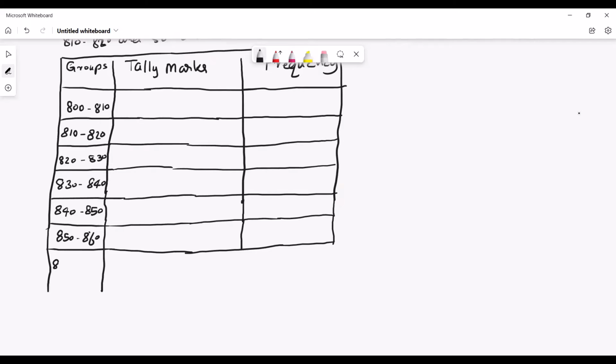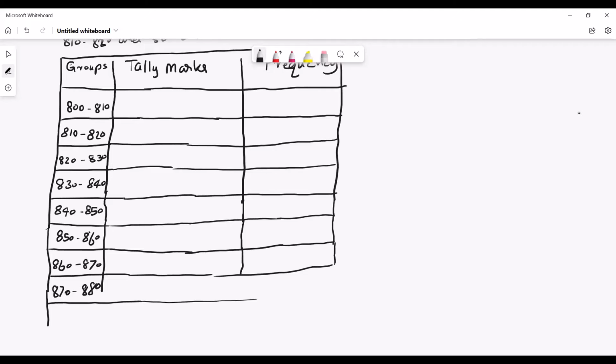Next group is 860 to 870. Next group is 870 to 880. Next group is 880 to 890.